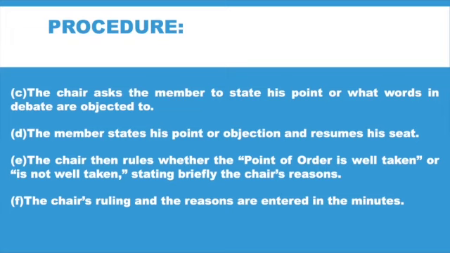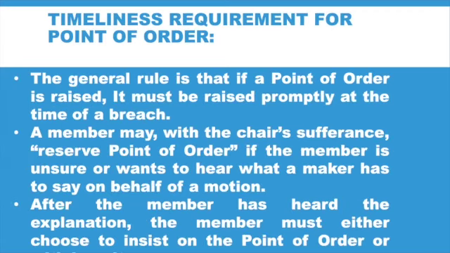The member should then state his point or objection, resume their seat, and then the chair will rule whether the point of order is well taken or not well taken, stating briefly the chair's reason. The chair's ruling and the reasons are entered in the minutes. Now, there is a timeliness requirement for this point of order. The general rule is that the point of order has to be raised promptly at the time of the breach.